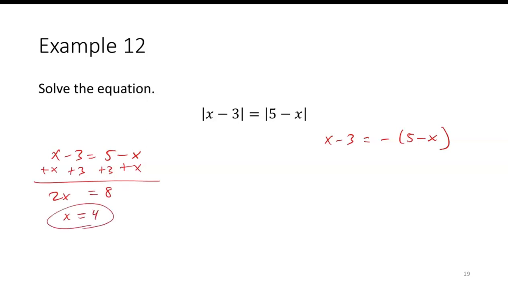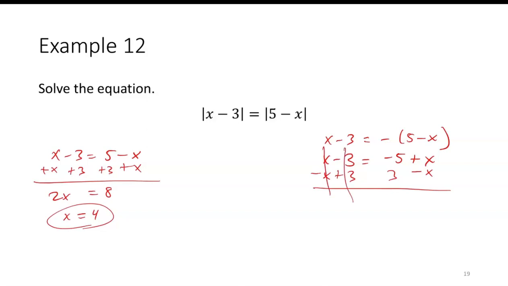And that is, the absolute value of 4 minus 3 is 1. The absolute value of 5 minus 4 is 1. So that checks. This one, I distribute the negative through. So I have minus 5 plus x. In this case, if I subtract x and add 3, well, x minus x is 0, so that disappears.